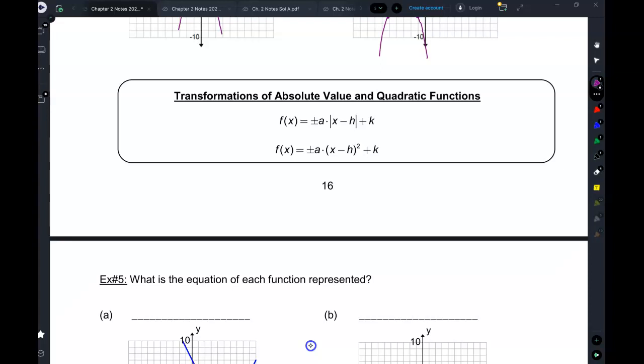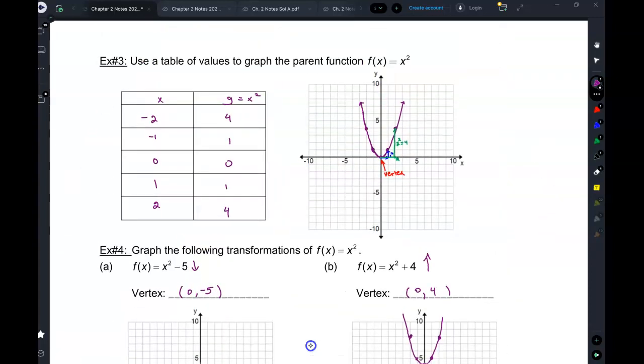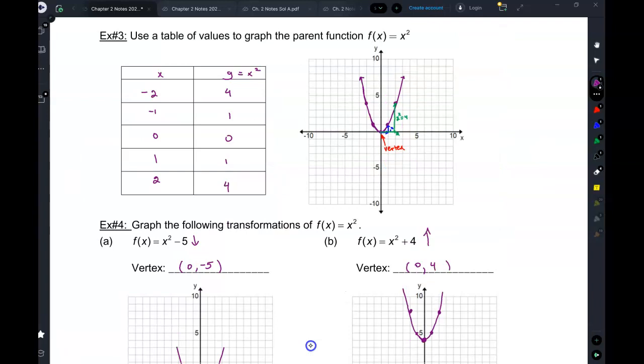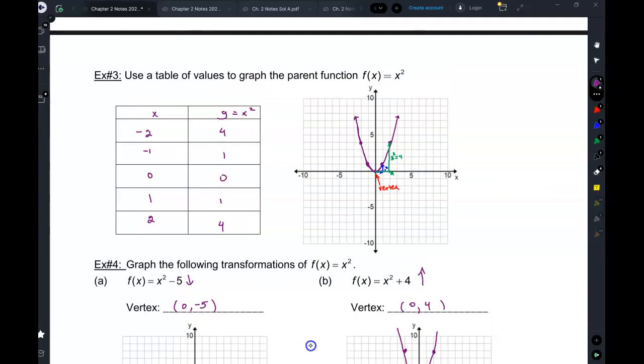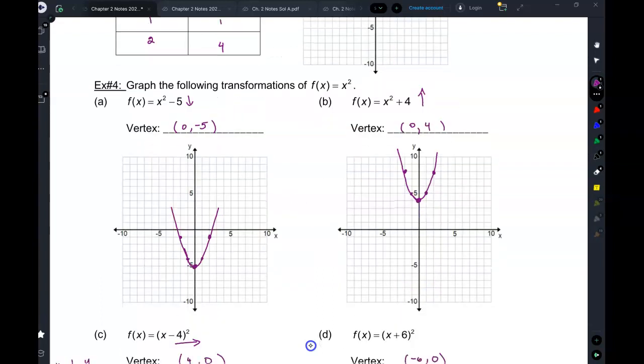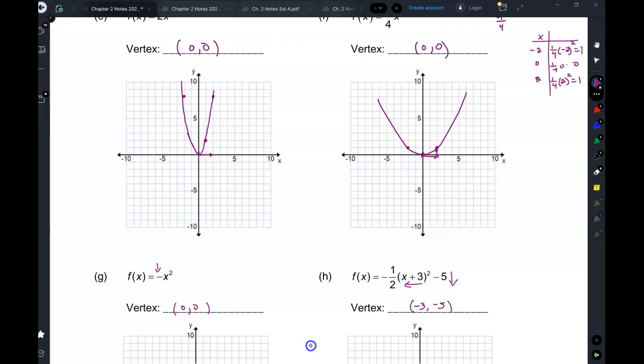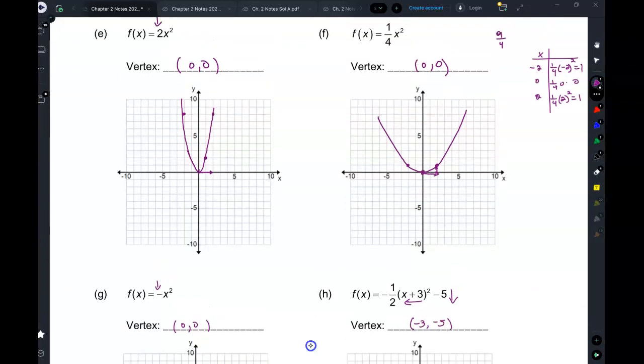Now, let's talk about domain and range. Let's just do domain, right? What is the domain here? All real numbers. Okay. So we graphed parabolas over 2 pages today, right? So here's my question to you. Find a parabola where the domain is not all real numbers.